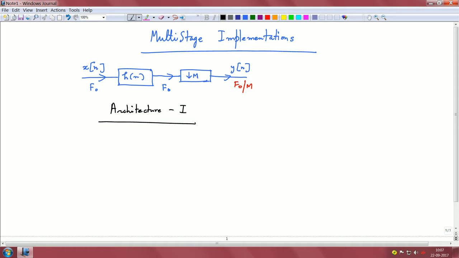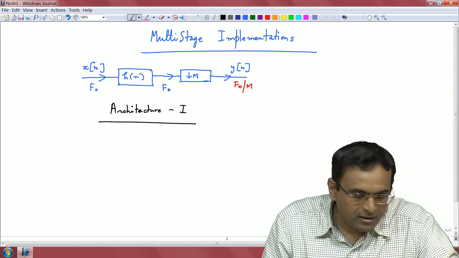This is a normal thing. I have a discrete time signal, I filter it with some filter, typically a low pass filter with some cutoff and some transition band, and then you downsample this by a factor of M.